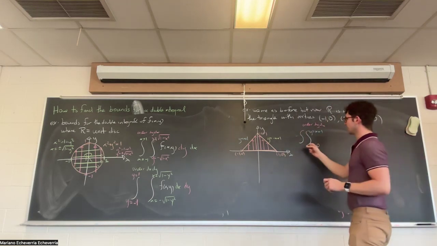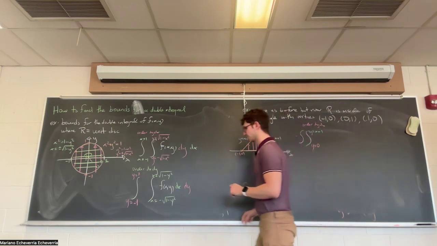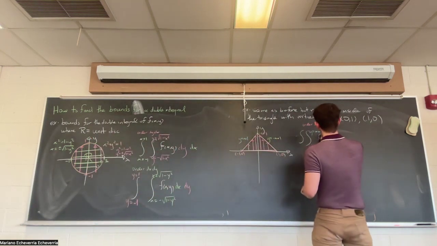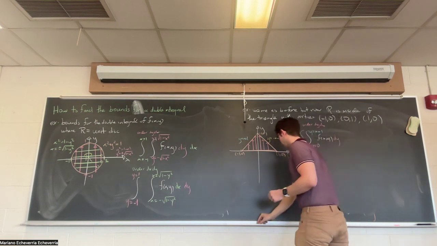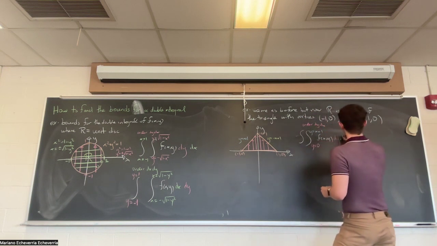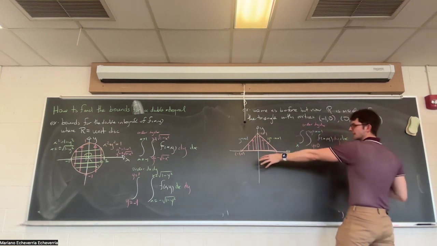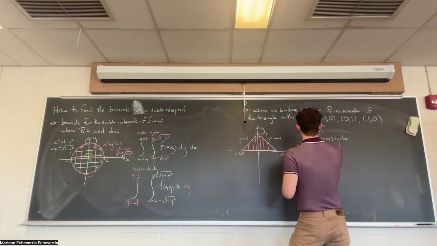Then that happens when x is between -1 and 0. Let me write some more things to make this look a little bit better. Again, we're doing the integration first with respect to y and then x. And so the x bounds, when does this happen? When x is between -1 and 0. So let's put the 0 here. So x is between -1 and 0.